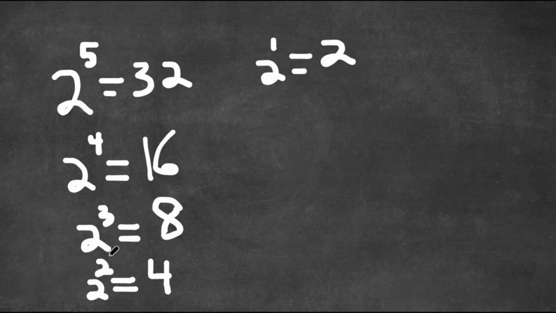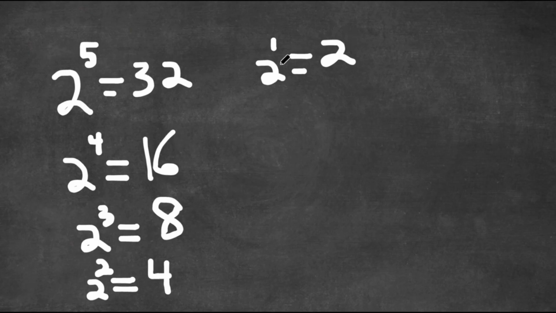2 to the power of 2 is 4 because 2 is multiplied by itself twice, 2 times. And as you can see, every time we go up an exponent, every time we increase our exponent by 1, our answer is multiplied by 2.